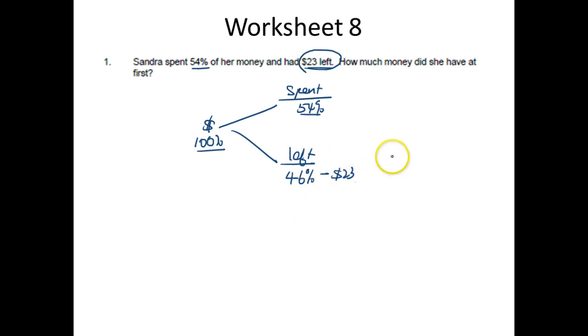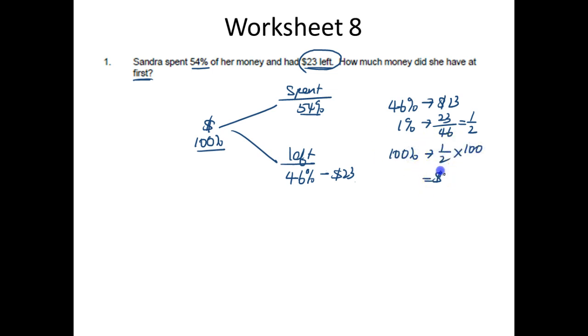So 46% is $23. 1% is 23 out of 46, which is half. How much money did she have at first? 100%. So it's half times 100, which is $50.